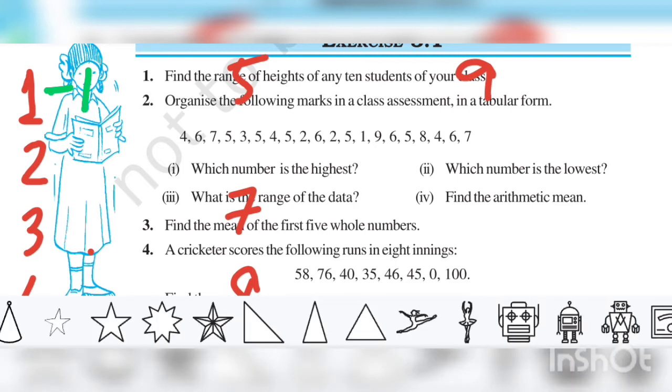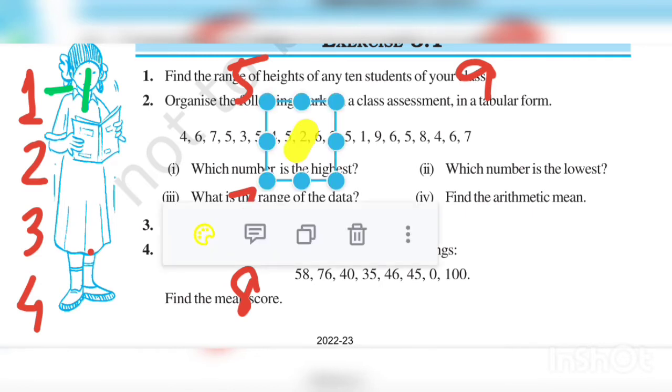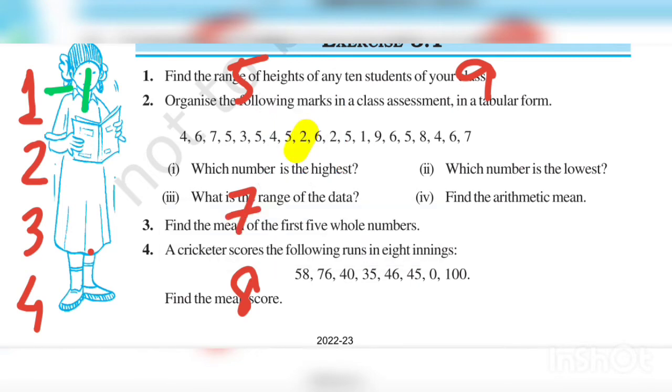Exactly in the same way I will do it for 2, but before that I have to count how many times 2 is occurring. Yes, we can see that 2 is occurring only 2 times. So let's write 2 tally marks here.